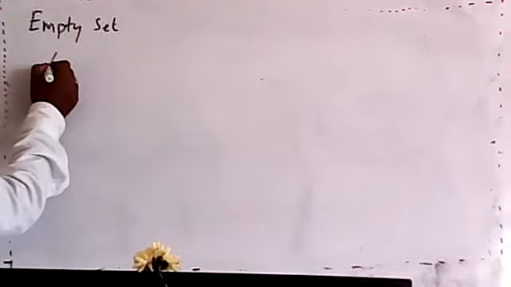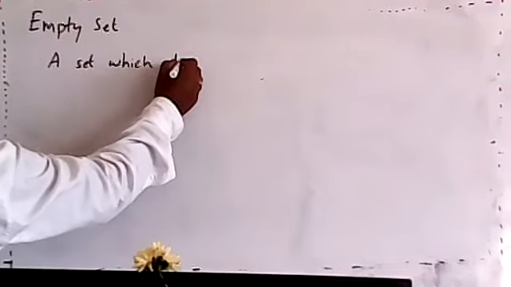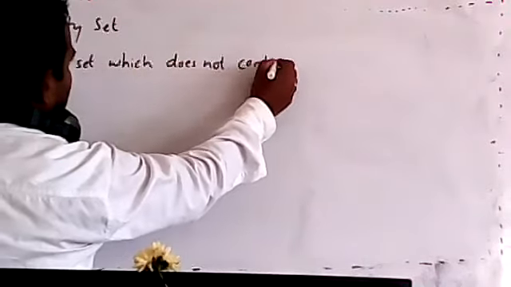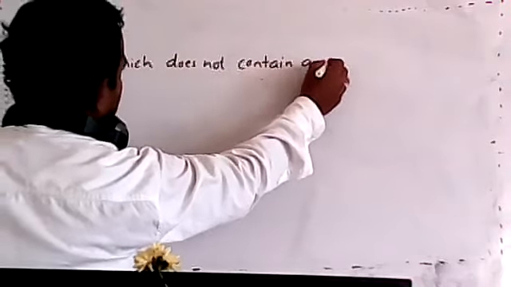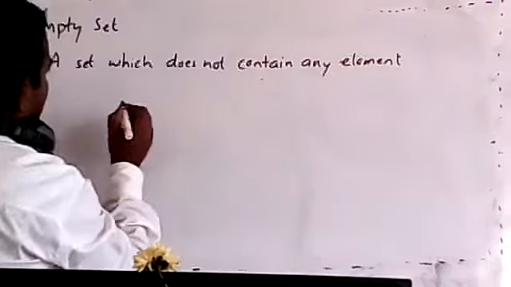As you just well know, any set which is not at all containing any element is called empty set. A set which does not contain any element is called what?